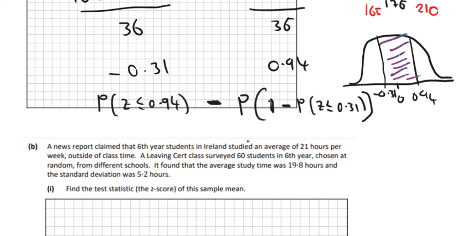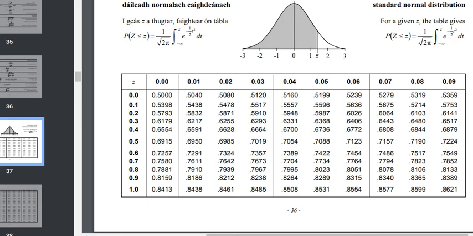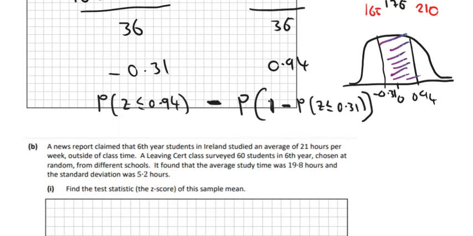If you look up the Z score for 0.94, go to 0.9 down the left hand side and then across the top to 4, we get 0.8264. Then this will be minus 1 plus the Z score of 0.31.